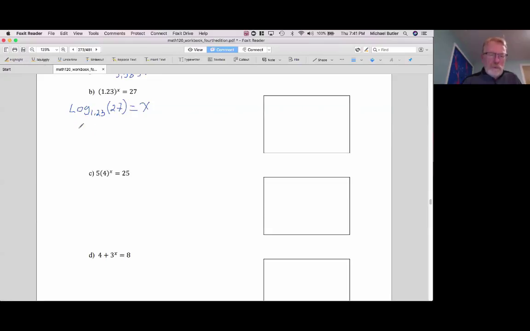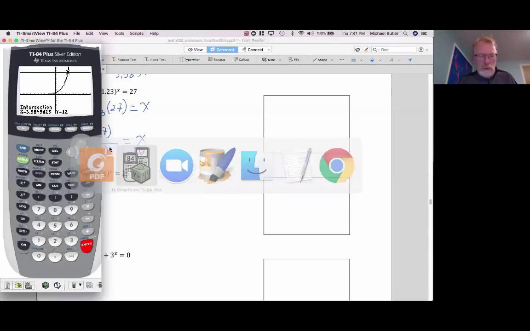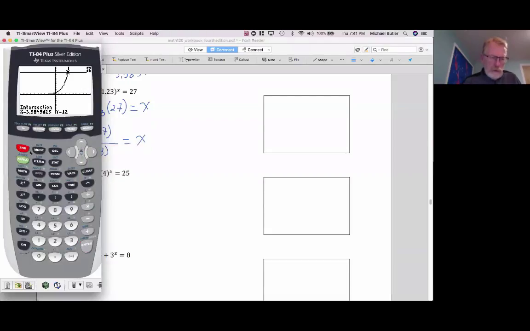So using change of base theorem so that I can actually evaluate that on my calculator, that's going to be log of 27 divided by log of 1.23 is equal to x, all right? Okay, so on the calculator, let's go to second quit.